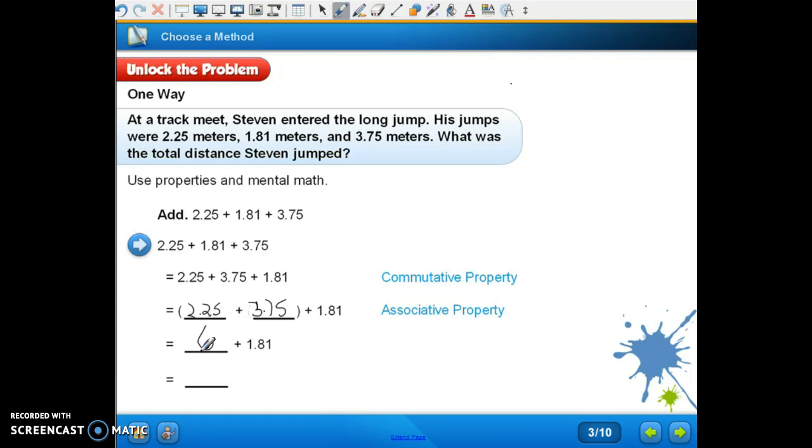So 6 plus 1 and 81/100 would be what? 7 and 81/100. So we used our commutative property to rearrange our numbers, and then we used the associative property to put in our parentheses, and that made it easier for us to add.